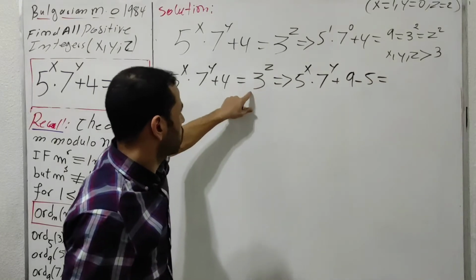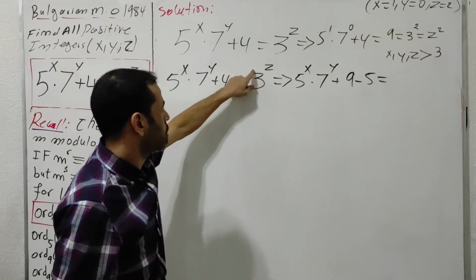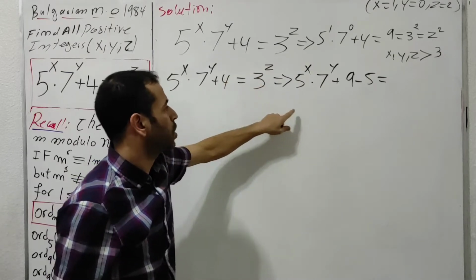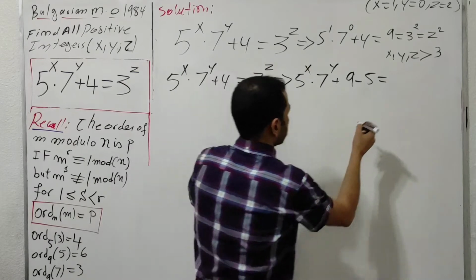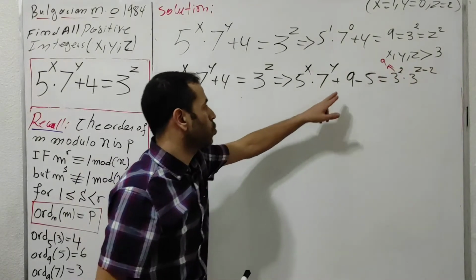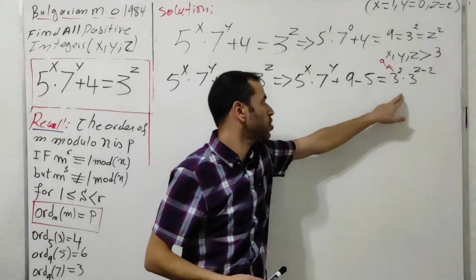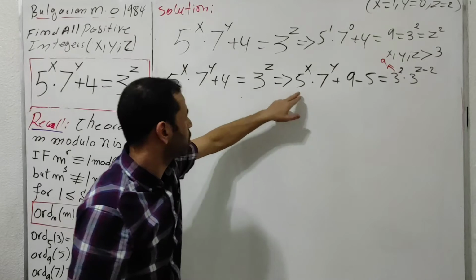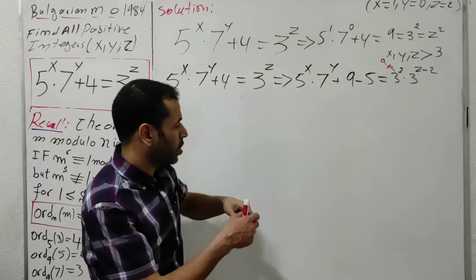So I can extract 3 squared from this in order to make it 9. I'm going to move this 9 to the right-hand side of the equation, and make 5 to the x a common factor as well.